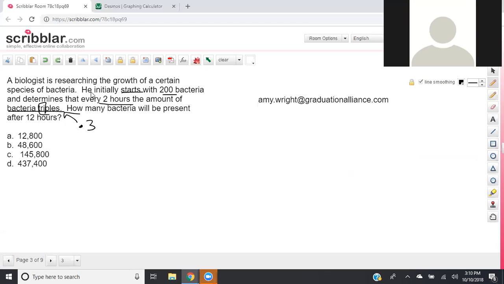So initially starts with 200. Again, we want to make a table and just see what happens as we go. So an initial starting amount means 0 hours have passed. No time has passed yet, but we have 200 bacteria. So this is where the 2 hours come into play. Now we say, well, 2 hours later, something happens.